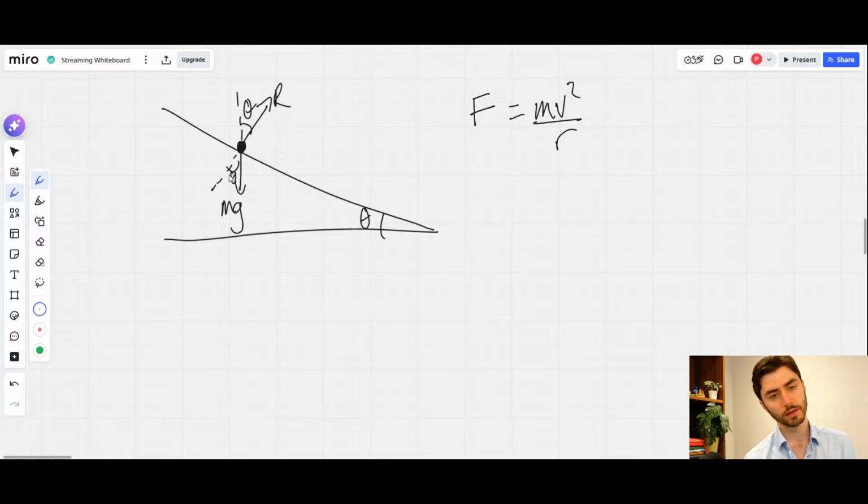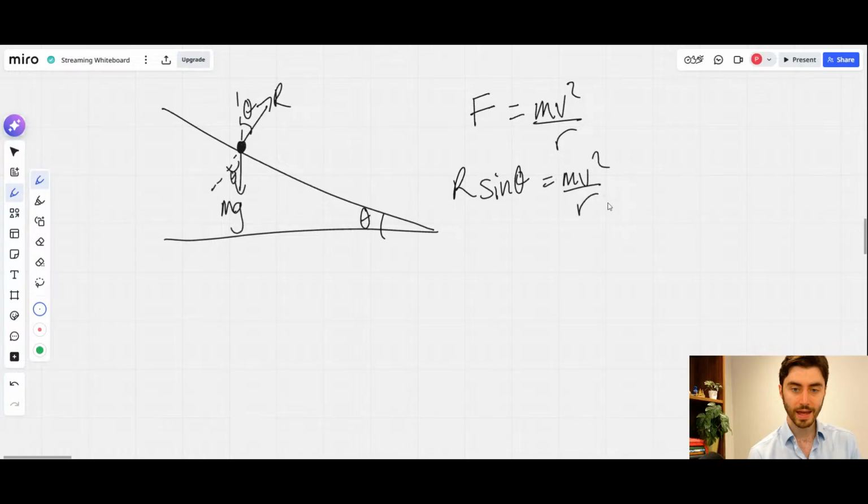Theta, is that right? 90 minus theta, theta, 90 minus theta. Yes, theta. So what we would say is that R sine theta, to open that angle up, would be equal to mv squared over r. And we know that R cos theta would equal mg.